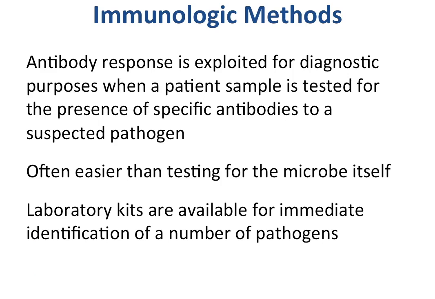Immunology technology involves the antigen antibody reaction. We can use a known antibody to detect the antigen presence in the microorganism to find out if this microorganism is a pathogen.